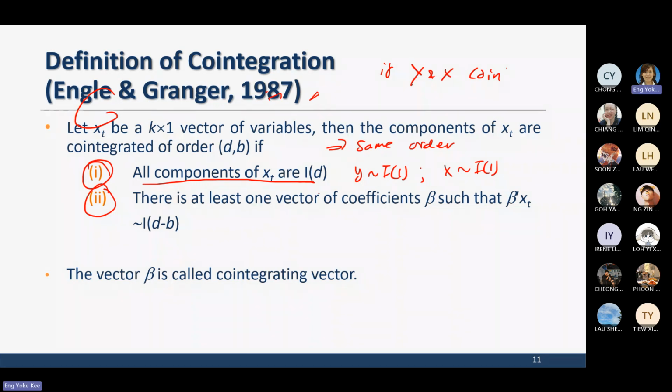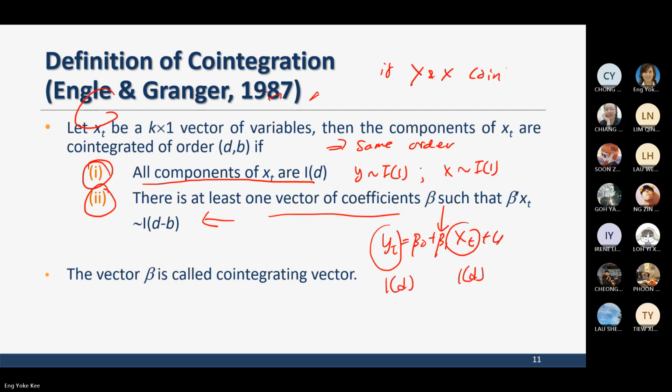And then, for the linear combination between the two, there is at least one coefficient vector. Coefficient vector means this beta value. First condition, these two must have the same order of integration. And the second condition is that these two are tied together by this beta value.